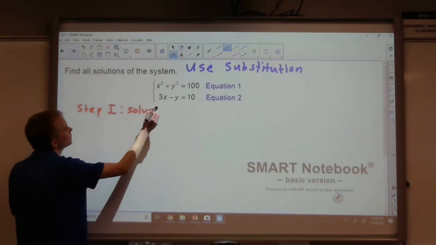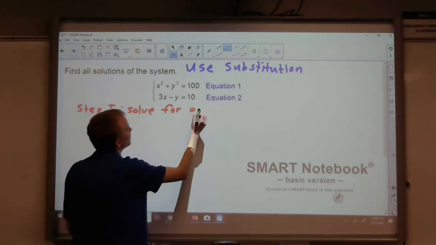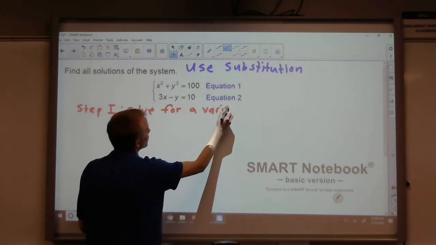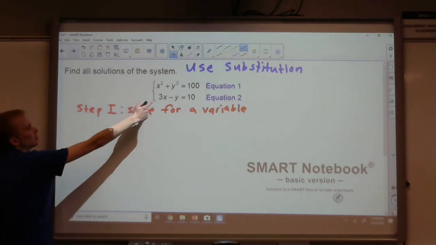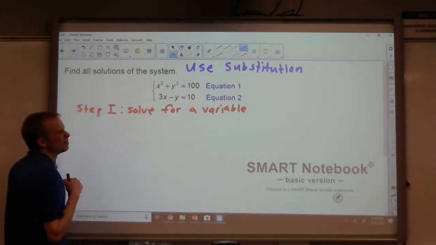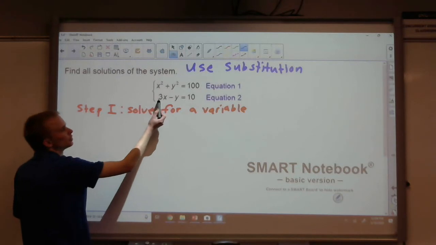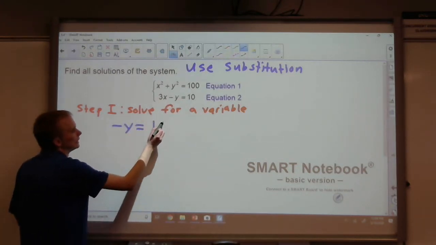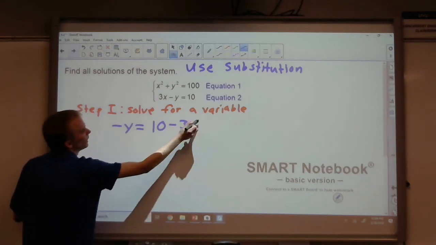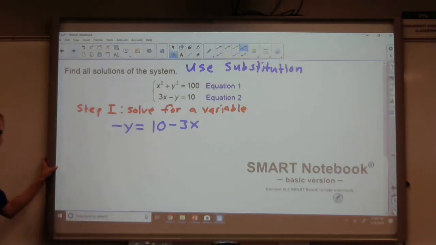Solve for a variable, okay? So I'm going to solve for a variable in here. I'm maybe going to do y, okay? So I'm going to minus my 3x over. I get negative y is 10 minus 3x, just subtracting over that 3x.